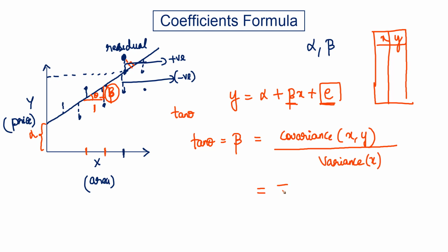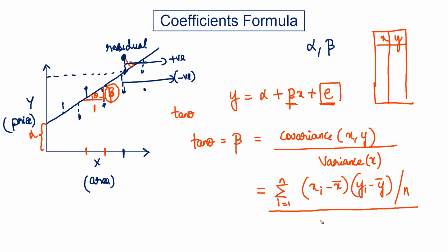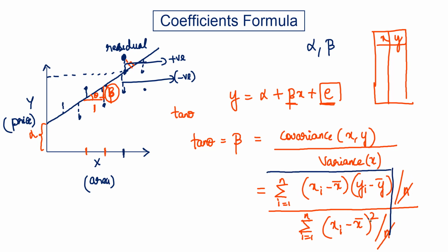This works out to, for all the points in the data, the sum of xi minus x bar, where x bar is nothing but the mean, times yi minus y bar, whole thing divided by n. Likewise, divided by, for all the points i equal to 1 to n, xi minus x bar whole square divided by n, and this n will cancel out. So this whole thing is the formula of your beta.